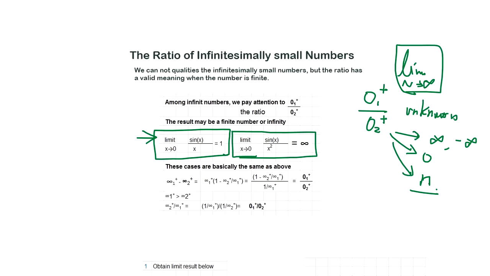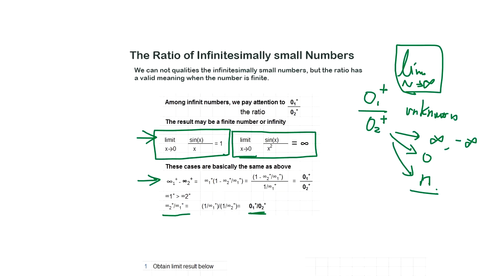So we deal with this. We have another, infinity minus infinity, and infinity over infinity. This is the same as 0 positive over 0 positive.